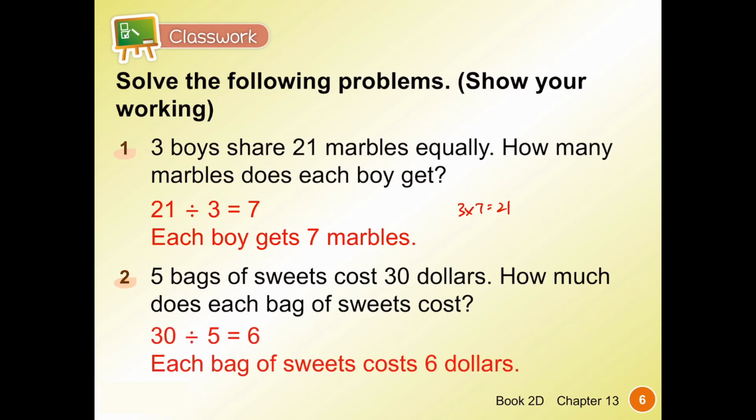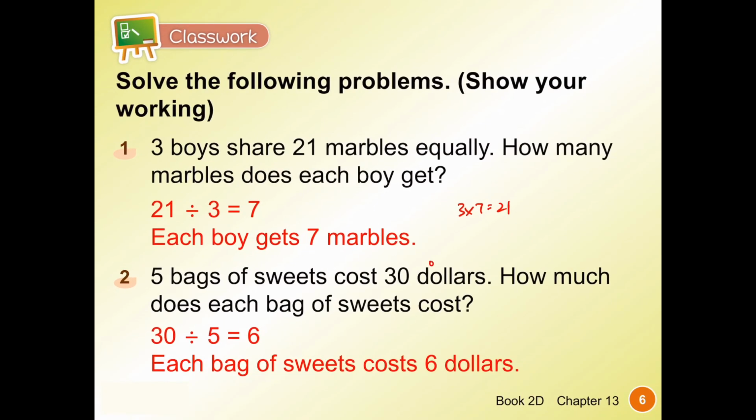And 5 bags of sweets cost $30. So here we can treat the dollars as the number of objects. And how much does each bag of sweets cost? And then 5 being the groups.